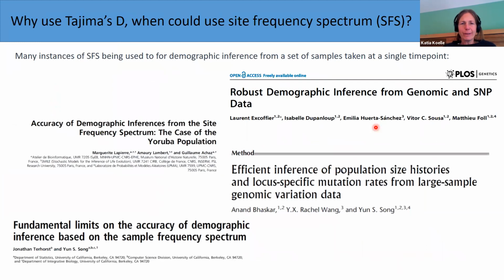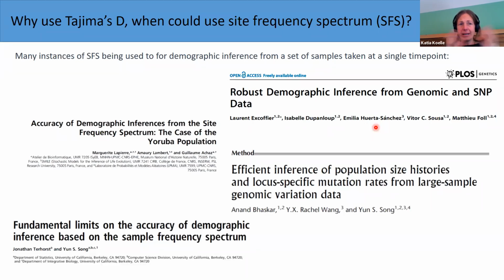Okay, so what we've been thinking about much more recently is, it seems like Tajima's D is somewhat informative, and we really want to push the boundaries of what's possible there, in terms of using it for tree-free phylodynamic inference. But we've also been thinking about, can we, instead of Tajima's D, just use the site frequency spectrum, right?